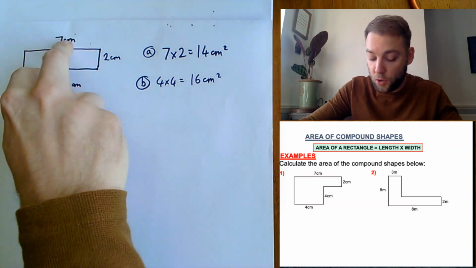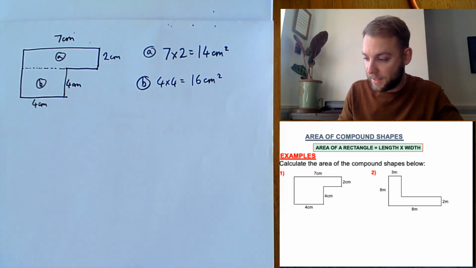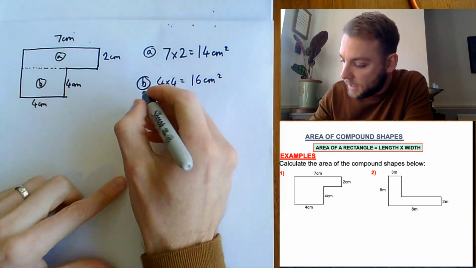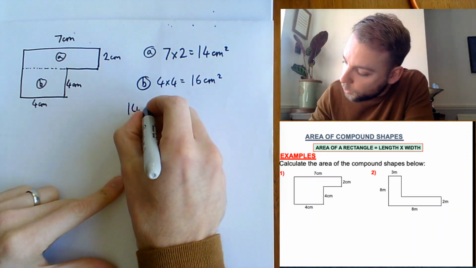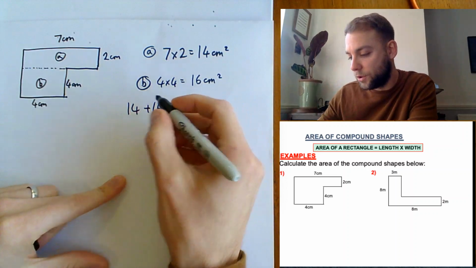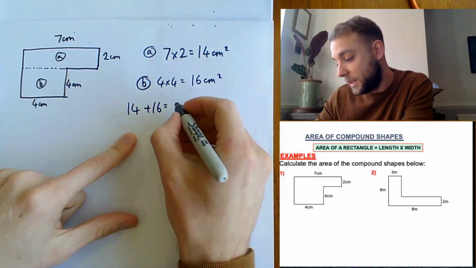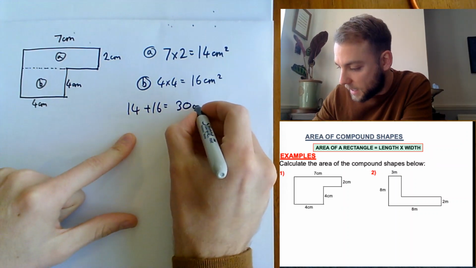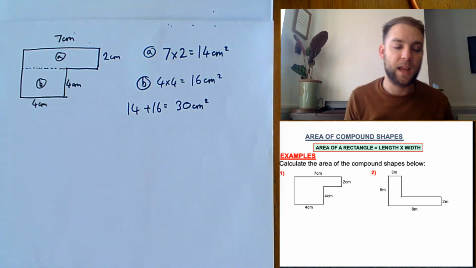And then, because we've got 2 areas, and they're both separate areas, we're going to add these together. So it's going to be 14 plus 16, which is equal to 30 centimetres squared.